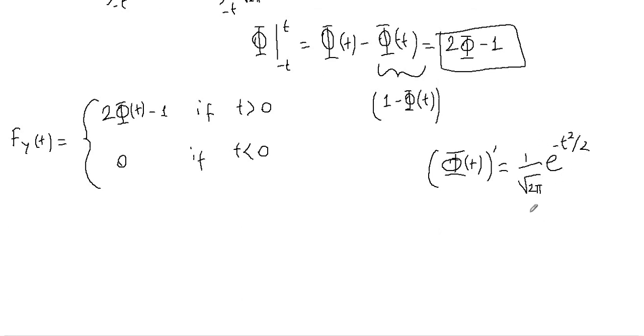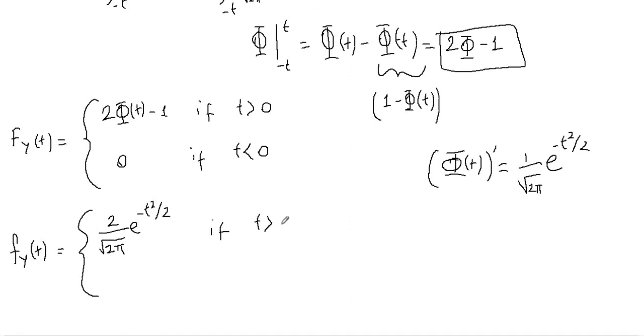The antiderivative of the standard normal is the phi function, and the derivative of the phi function is the standard normal. So our density function f_Y(t) is equal to 2 times the derivative of the phi function, which will be 2 over square root of 2 pi e to the negative t squared over 2 if t is greater than 0, and 0 if t is less than 0. So this is the PDF of y.